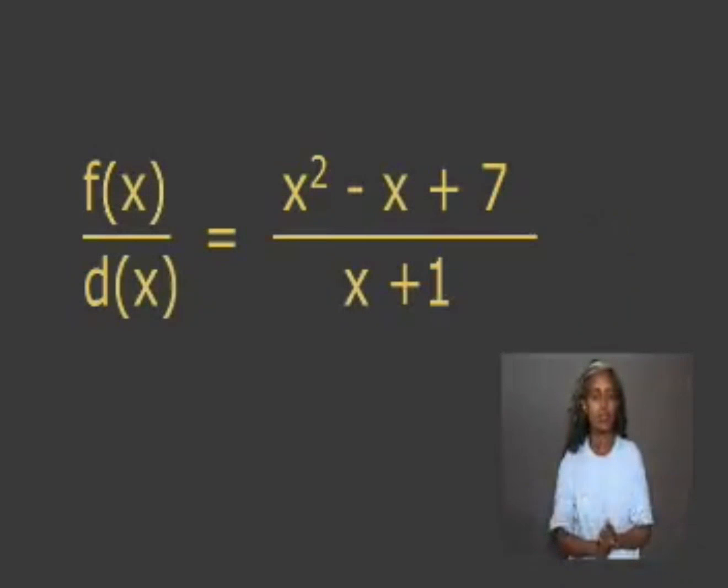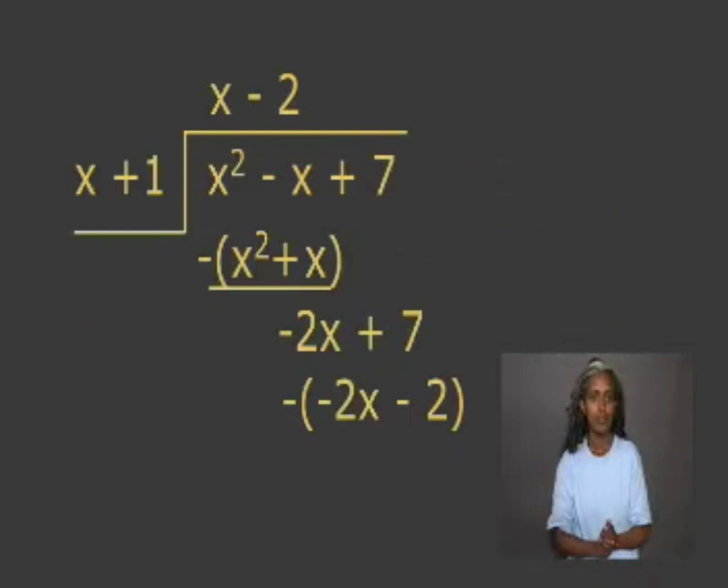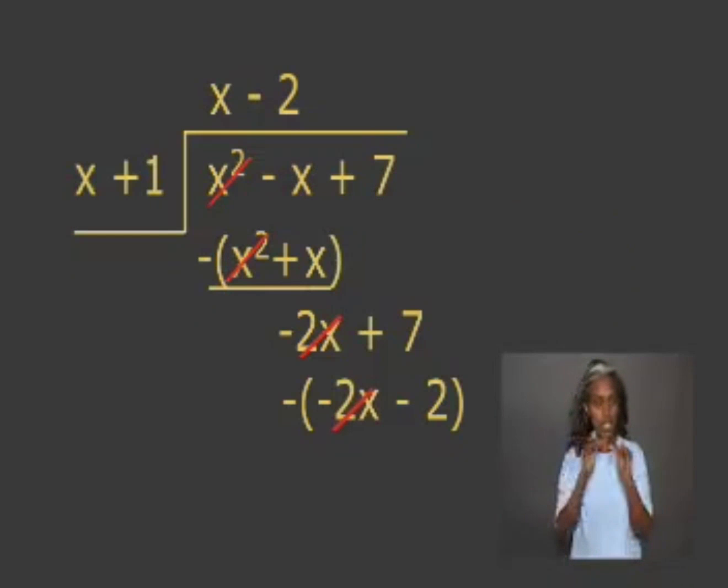Therefore, let us divide x squared minus x plus 7 into x plus 1. We can use long division to factor the equation. The quotient is equal to x minus 2 with a remainder of 9.